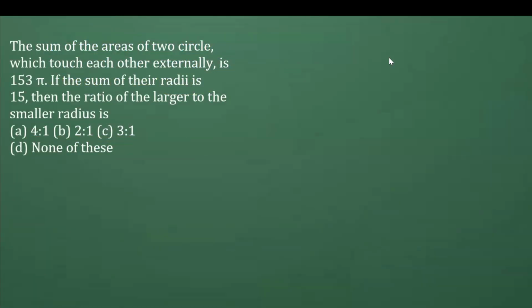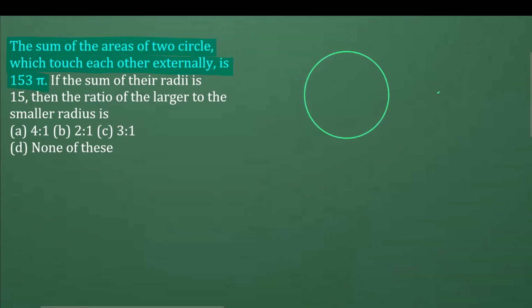In this question from the chapter Areas Related to Circle, it says the sum of the areas of two circles which touch each other externally is 153 pi. So first let's make two circles and then we will read it further. I made one circle, and then another circle, and these circles are touching externally.